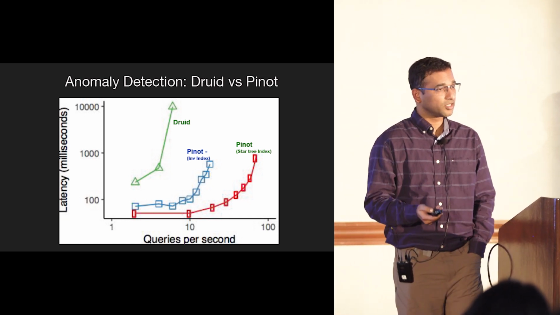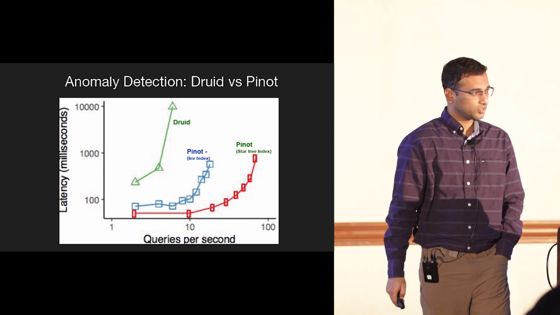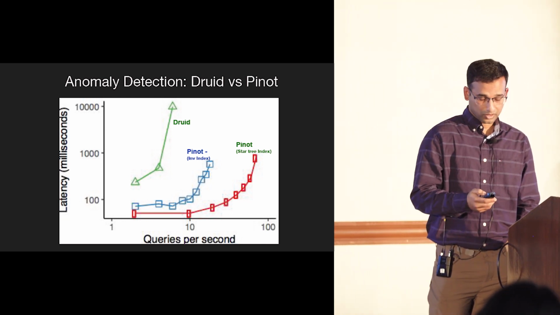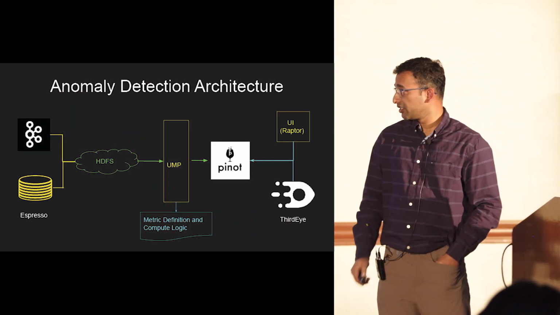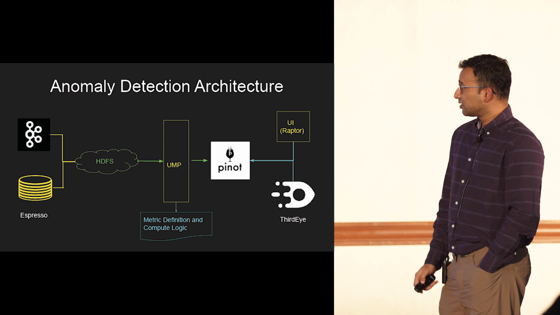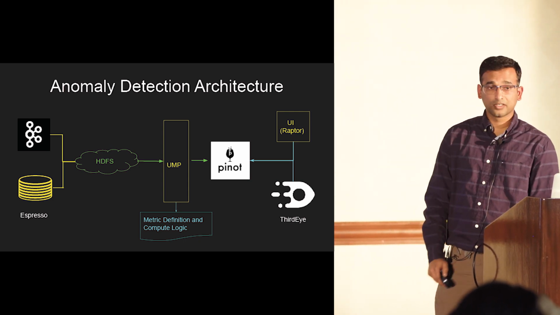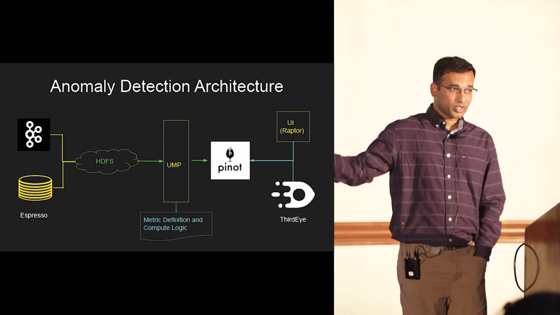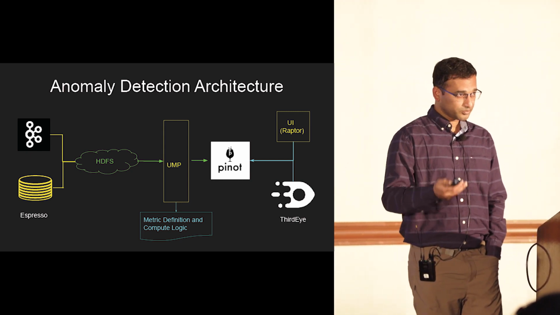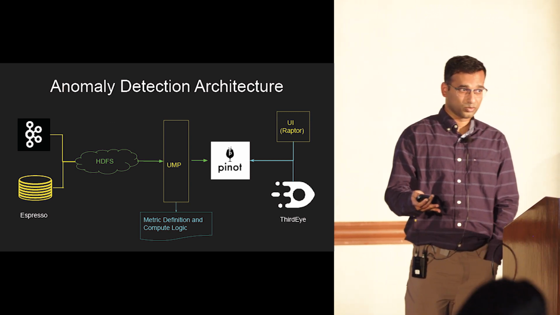You might not really see a difference on a per query basis, but a lot of these small differences add up. And over a large set of data, you can see a pretty significant change. The architecture is very similar to the Raptor. The only thing that gets added is the ThirdEye on the top, which is the nice part, because it's the same data that is doing anomaly detection and the visualization in terms of dashboarding.